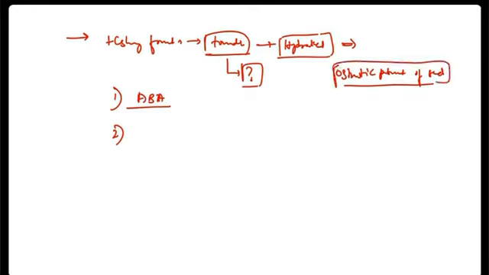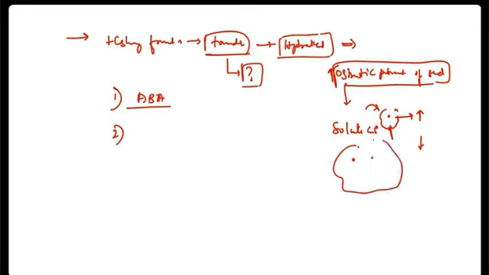In the tomato fruit, if you imagine the seeds present inside the fruit, will the surrounding tissues have higher or lower osmotic potential? How do you define osmotic potential? It is nothing but the solute concentration. Since it is made up of flesh and has different nutrients, the solute concentration will be very high. So the osmotic potential outside the seeds will be high in the case of tomato fruit.